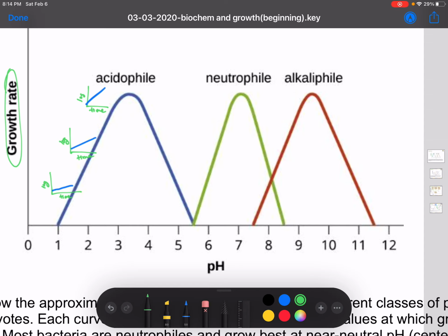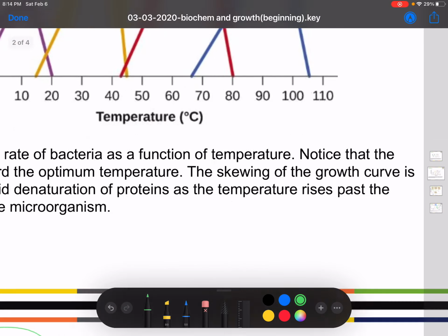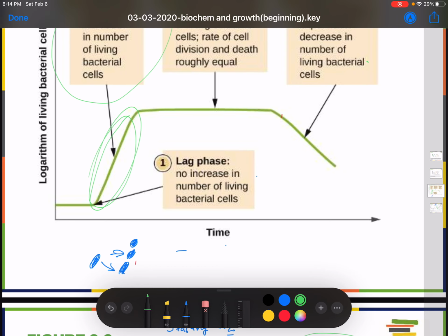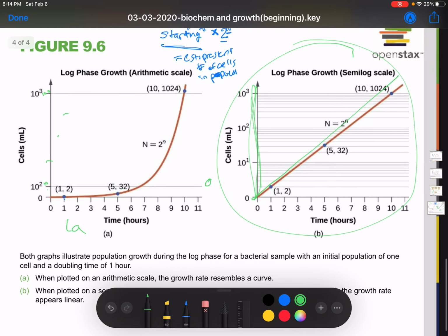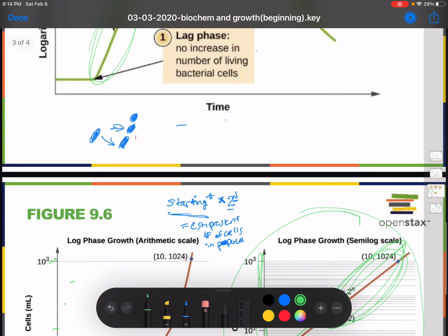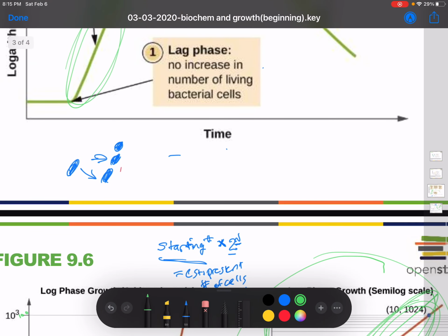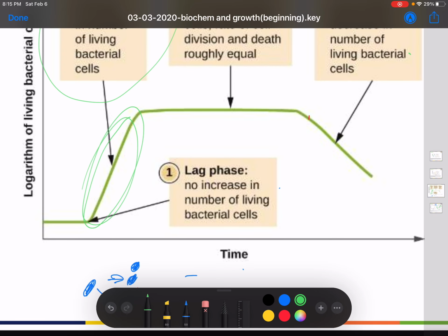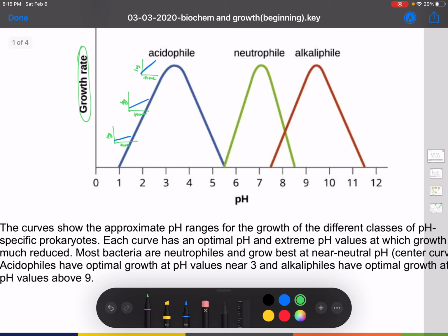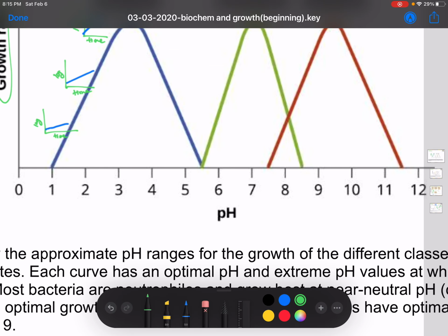In other words, we're looking at the slope of this part of the growth curve, so the slope of log phase, and we're looking at the slope of this line. And again, looking at log there, this also shows log here, and these only show log phase.